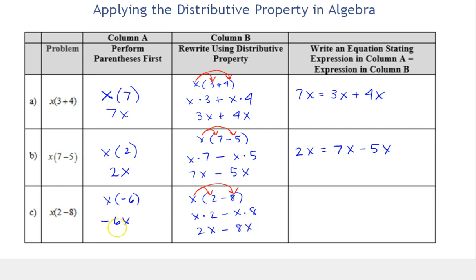So this means in the last column, negative 6x equals 2x minus 8x. So again, when we want to find 2x minus 8x, we'd find 2 minus 8 is negative 6, and multiply it by x, like we did here. Let's look at the next type.